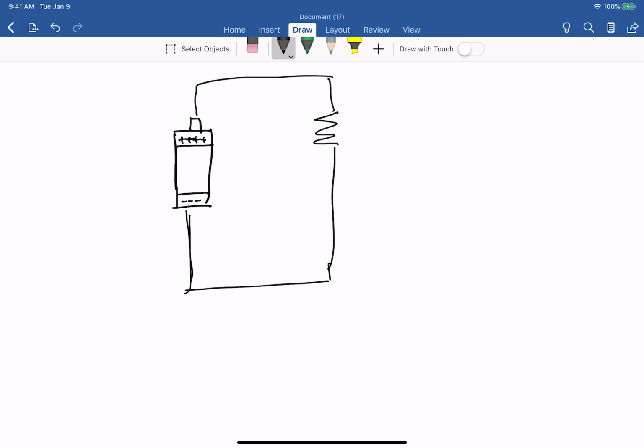You have a bunch of electric fields established throughout the circuit. So the electric fields look like this. All right, and inside the battery, the electric fields are going to look like this. Remember, the electric fields always point from positive charges to negative charges.